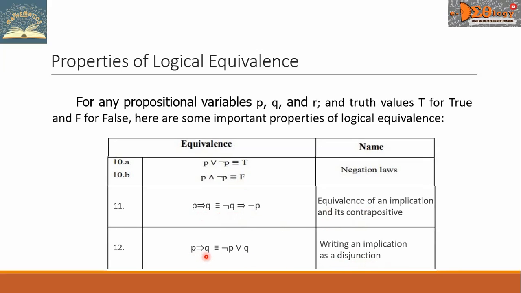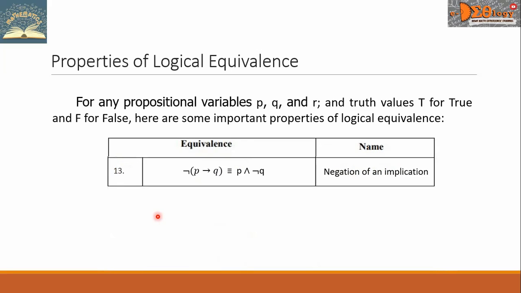P implies Q is logically equivalent to not P or Q. Number 13, negation of an implication. The negation of the compound proposition P implies Q is logically equivalent to P and not Q.